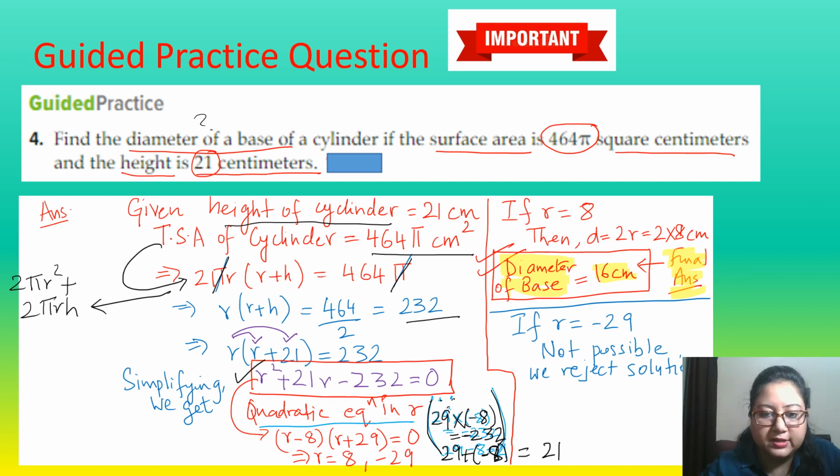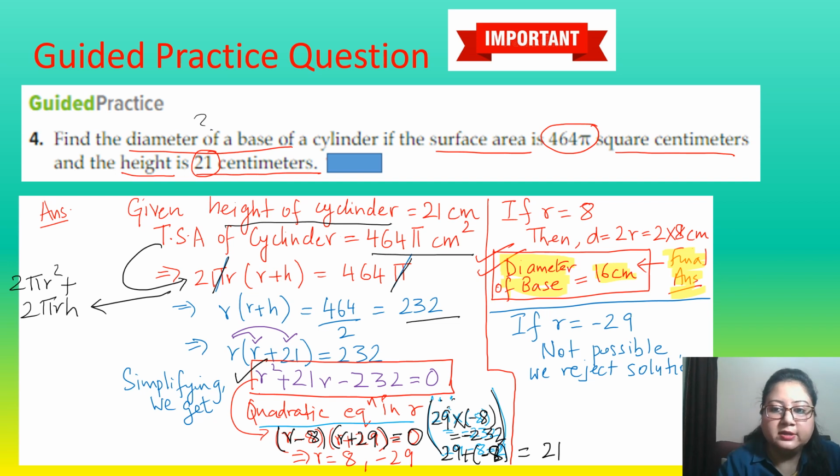So that means these are my correct choices for the quadratic equation. So I can factor it as (r minus 8) times (r plus 29). So these are going to be my two roots or two values of r. One is r equal to plus 8 and another is r equal to minus 29.